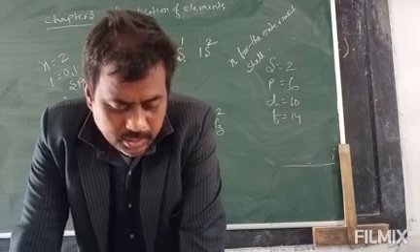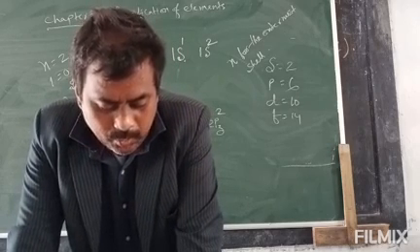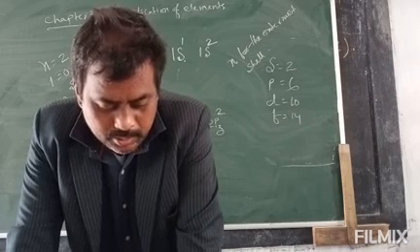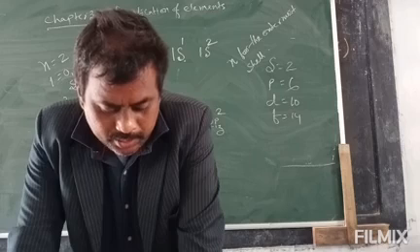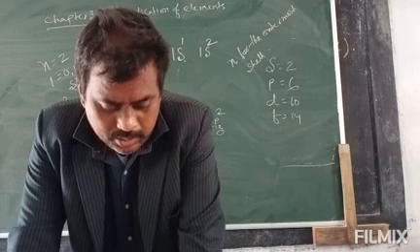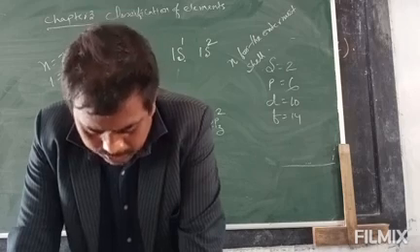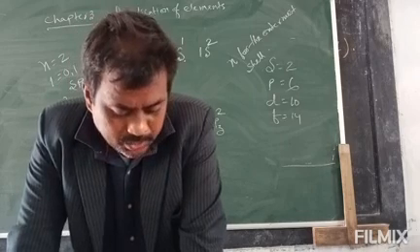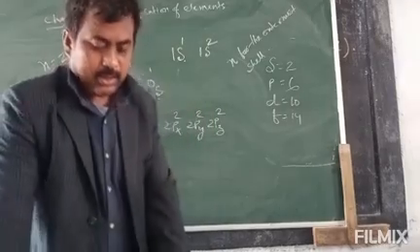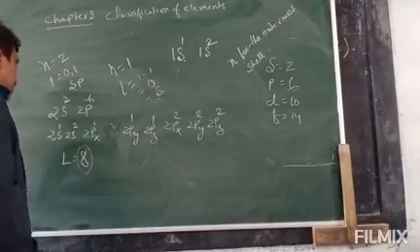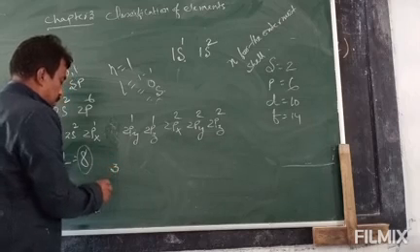Starting from the next element, boron, the 2p orbitals are filled, and thereby the 8 elements in the second period have 2s2 and 2p6 electronic configuration. Like this in the third period, so n equals 3.